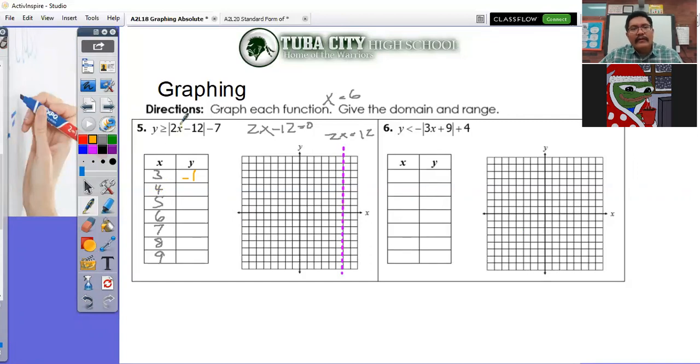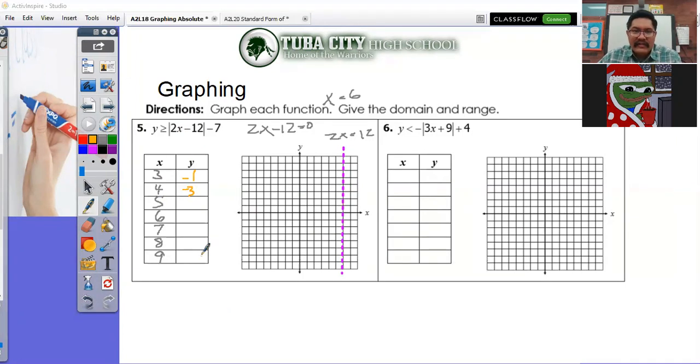So plug in 4. 2 times 4 is 8. 8 minus 12 is negative 4. But again, it's going to be positive because of the absolute value. So positive 4 minus 7, and that's going to be negative 3. Plug in 5. 5 times 2 is 10. 10 minus 12 is negative 2.